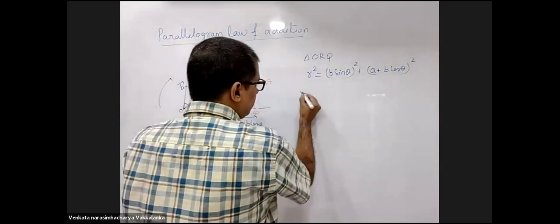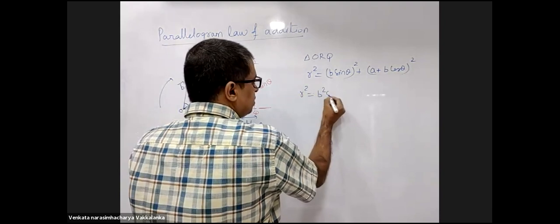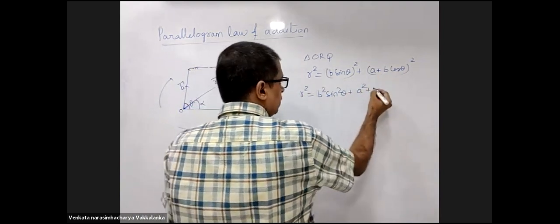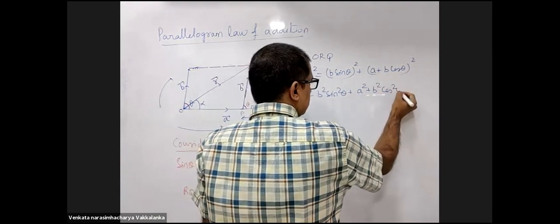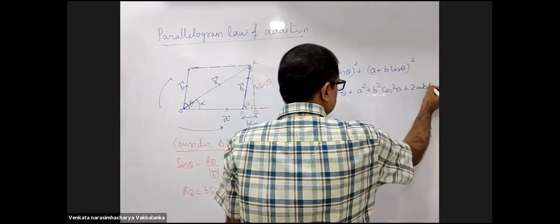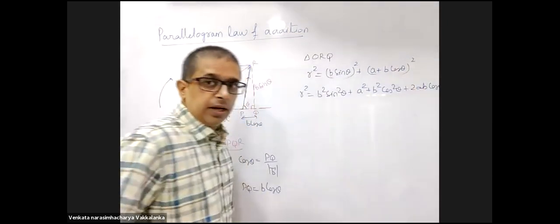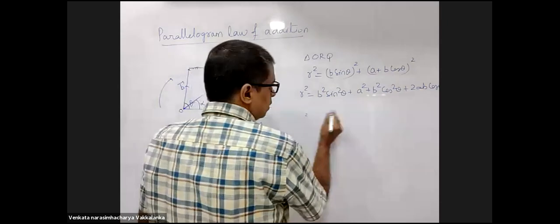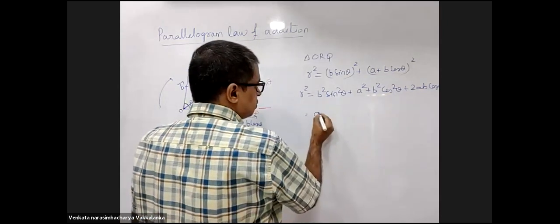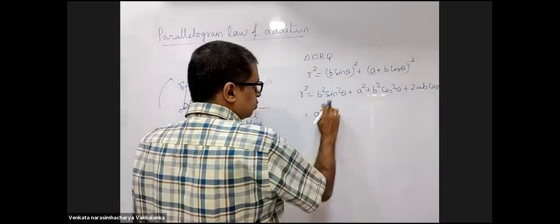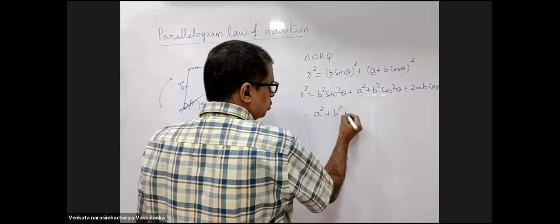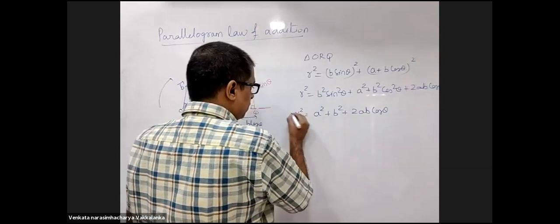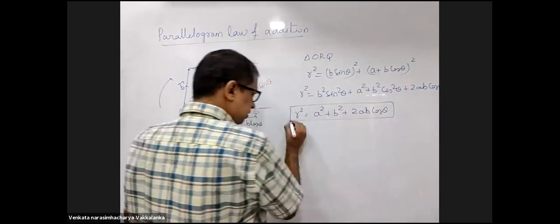Remaining is only simplification. B square sine square theta plus A square plus B square cos square theta plus 2AB cos theta. I opened up A plus B whole square. I wrote A square here, and the sum of these both is B square. So 2AB cos theta is in R square.